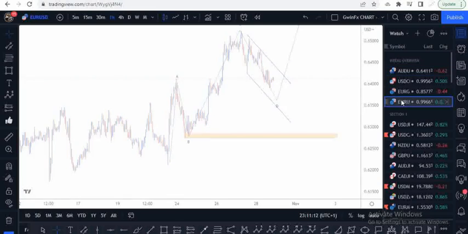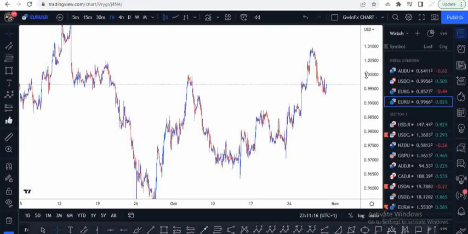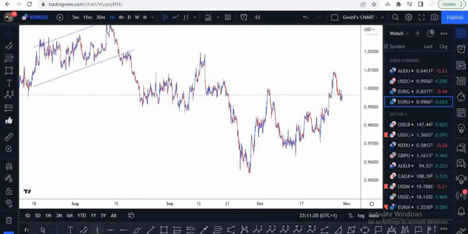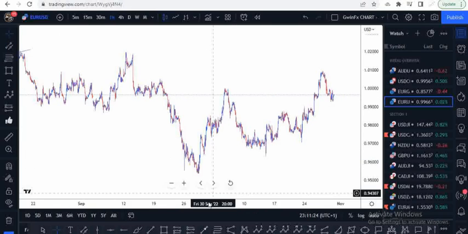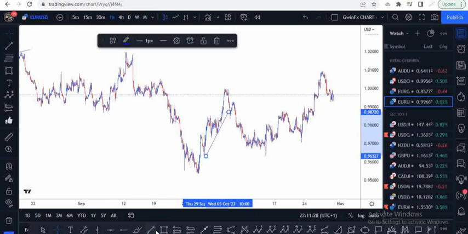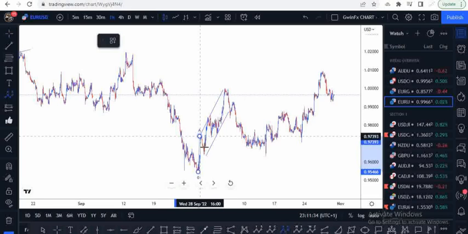Okay, so looking at EURUSD, it also looks similar to this one here. I know a lot of traders that have practiced and used the Elliott wave in their day-to-day trading activity. It's quite simple when you can look at your chart and identify common patterns such as this.